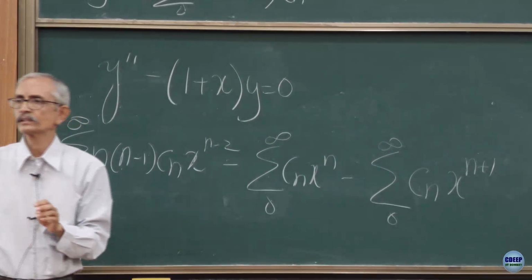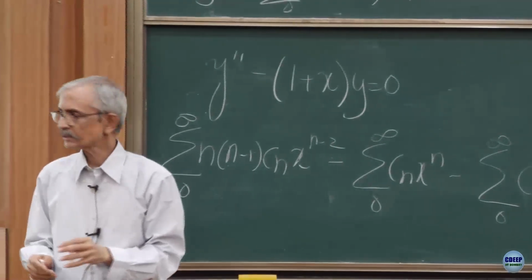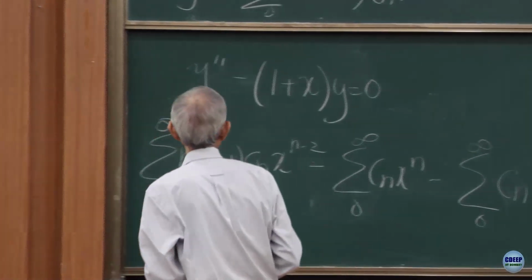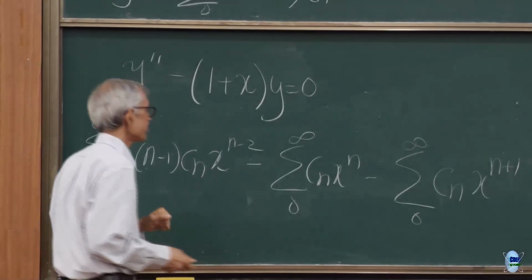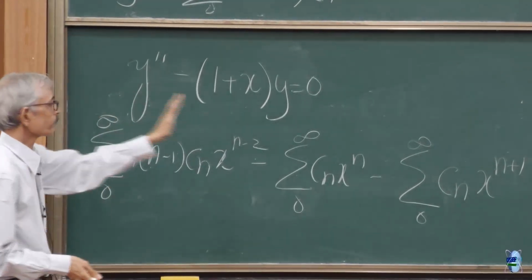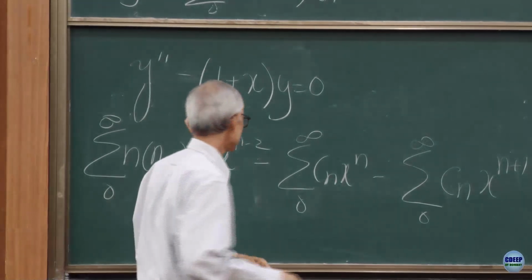Okay. So all that we have done is said that the solution is going to be y equal to Cn x to the n, and then plugged it into the equation.